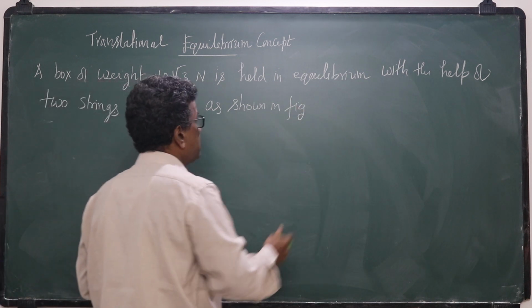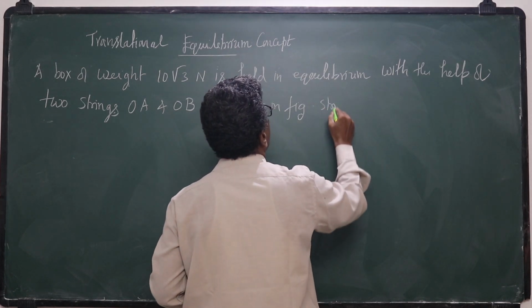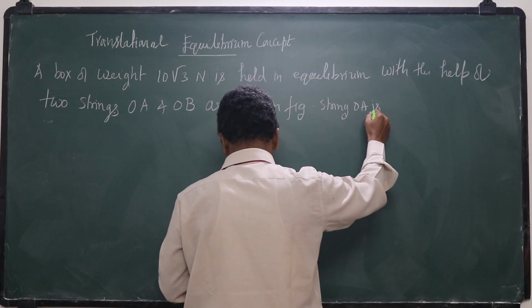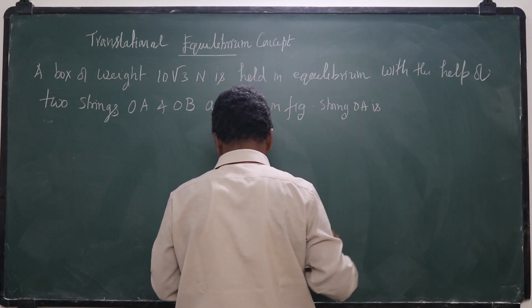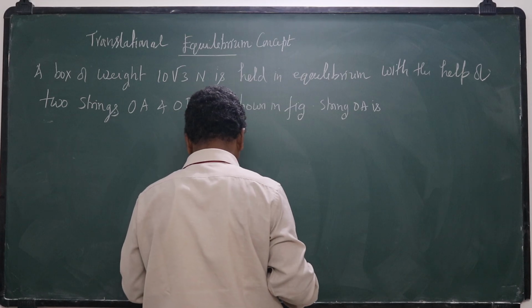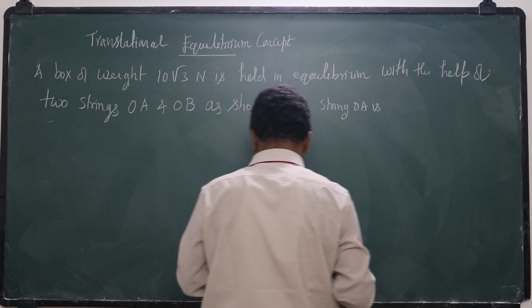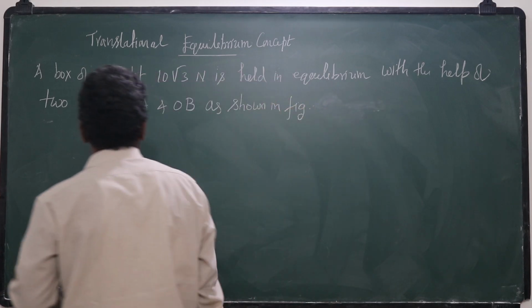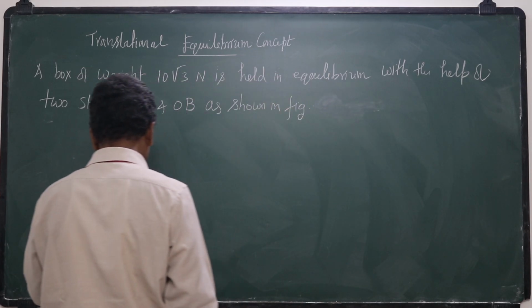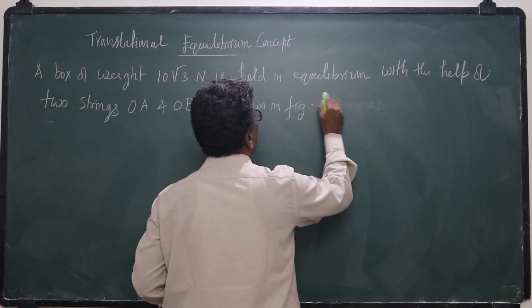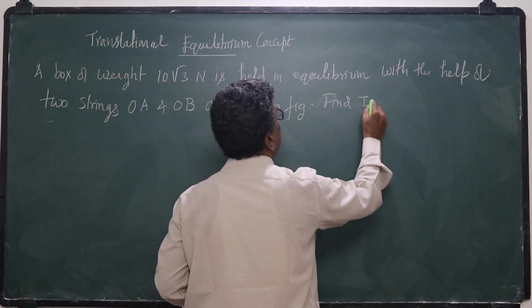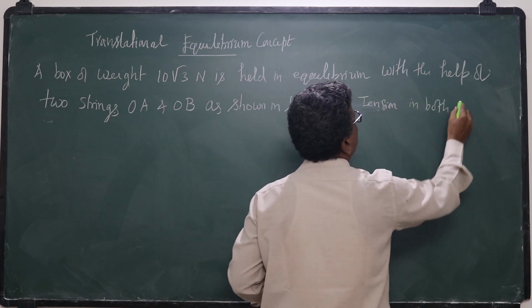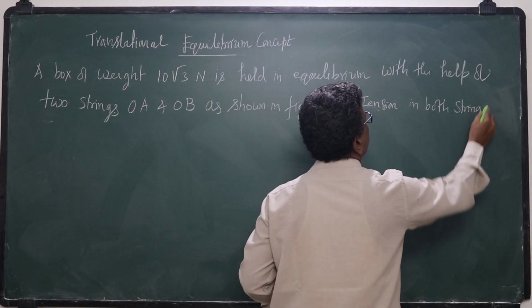The string OA is horizontal. I will show this in the diagram. Find the tension in both strings. So this is the problem.